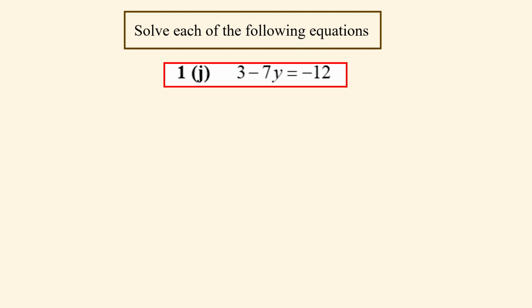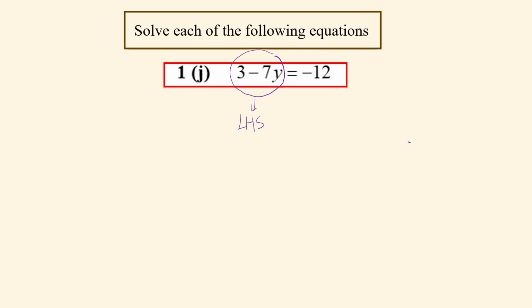We have 3 minus 7y equals negative 12. Solving this equation means I need to find the value for y. Let's examine this equation first. 3 minus 7y is on the left-hand side of the equation.